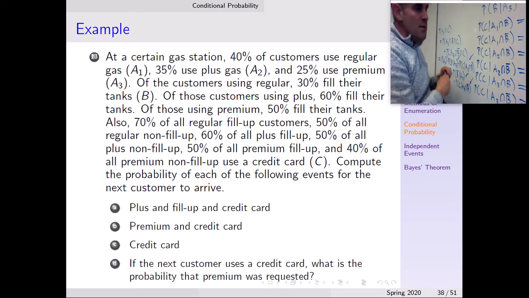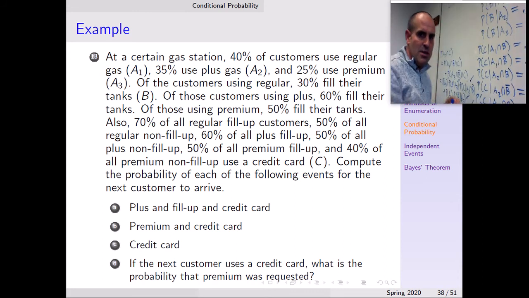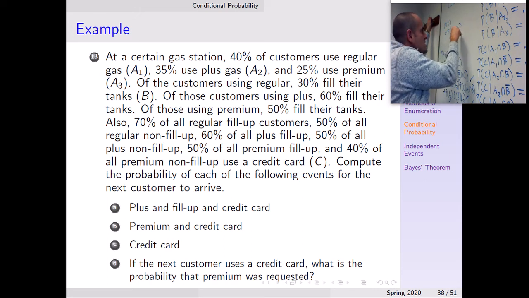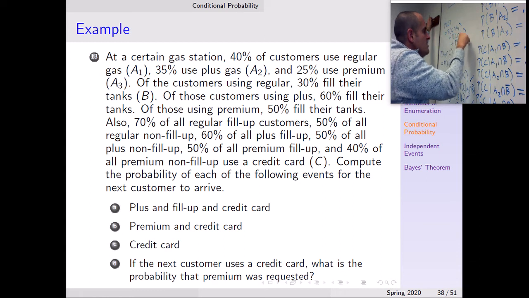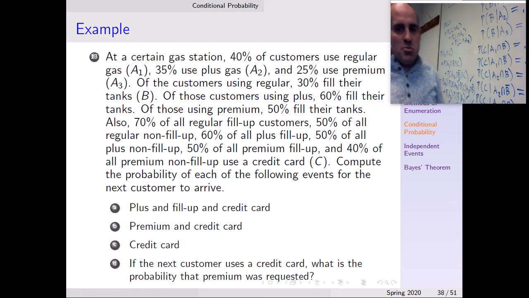The probability of C, just to show you how to think about this, is equal to the probability, look, I can split it up over 3 disjoint events that fill up the whole sample space: the probability of credit card and regular plus the probability of credit card and plus plus the probability of credit card and premium. Okay, I could just split it up over those 3 things.